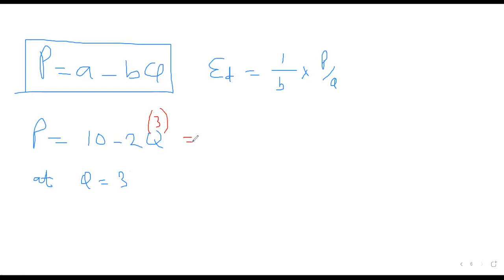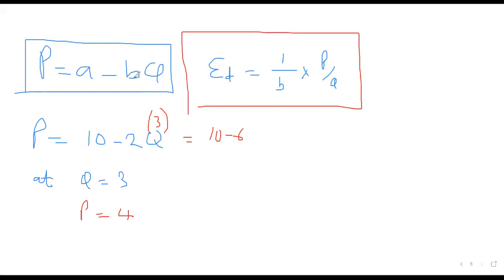The P is going to be 10 minus 6. So meaning our P will be 4. If we're going to substitute this in this formula, we need to understand that our B here is a gradient. So our B here is what? A 2, which is negative.